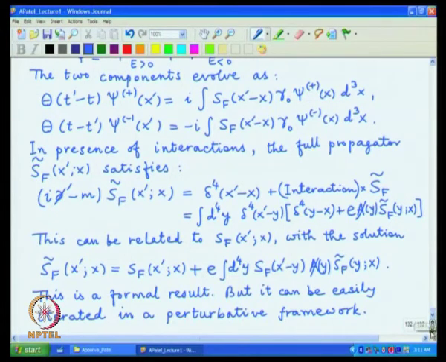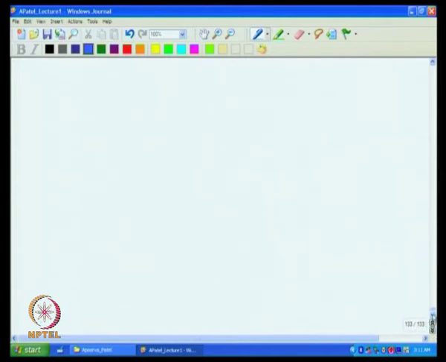One can also write a similar expression for the wave function in presence of interaction, the same interaction, the solution of the Dirac equation which is now of the form again denoted with tilde.